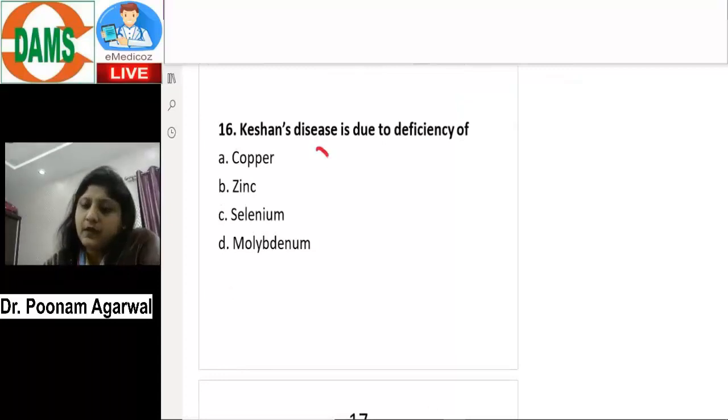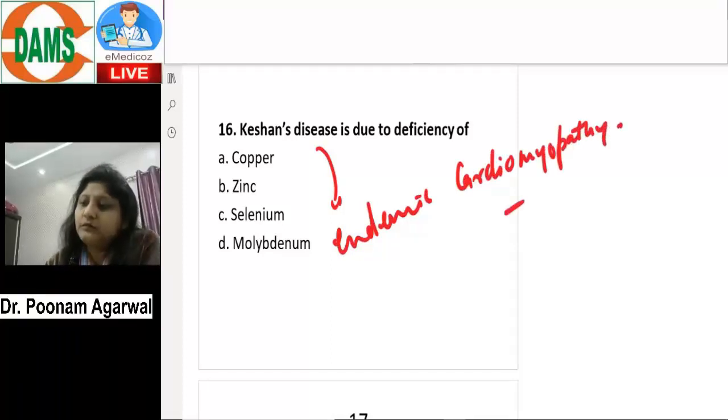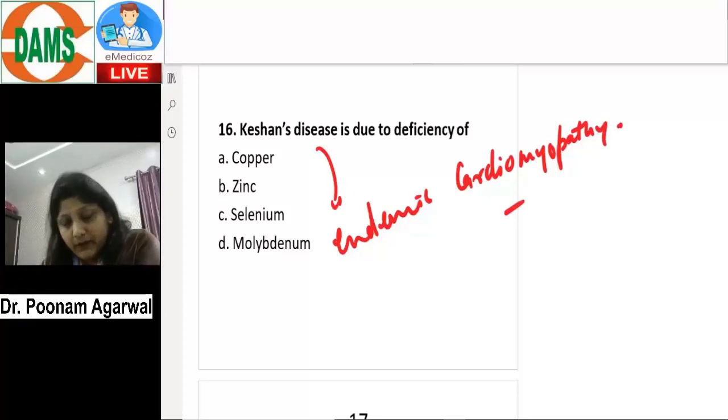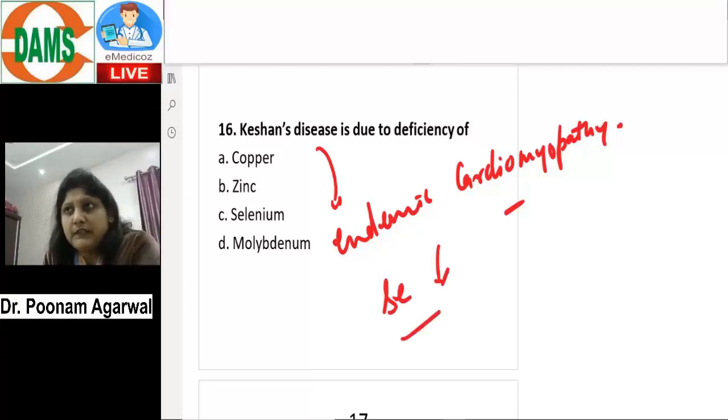Keshan disease is always called endemic cardiomyopathy. Endemic cardiomyopathy is due to selenium deficiency. If the soil is having deficiency of selenium, which is commonly seen in certain areas in China, the whole of the population residing in that locality is found to have deficiency of selenium, and this deficiency of selenium in the soil is not a small thing.